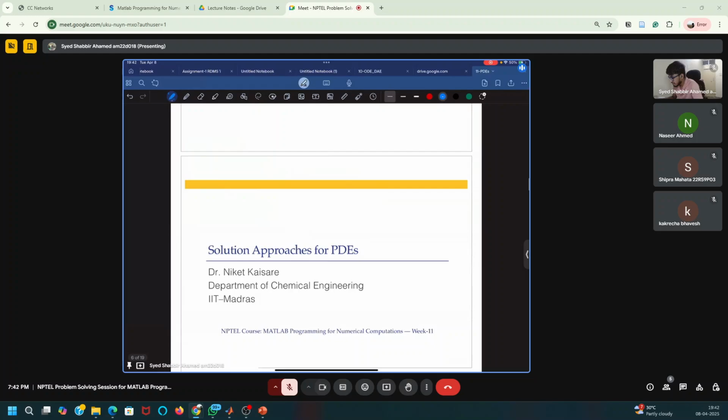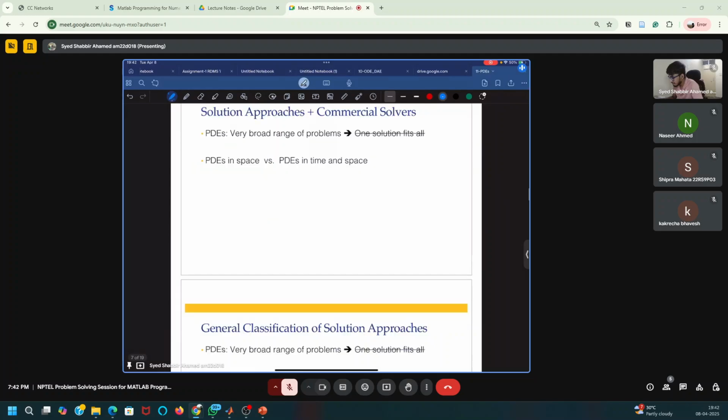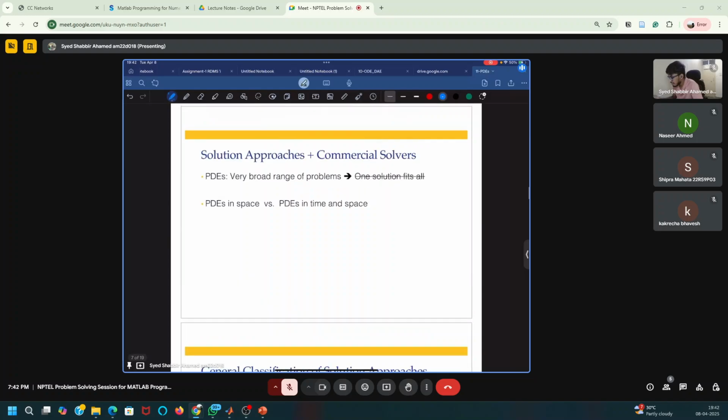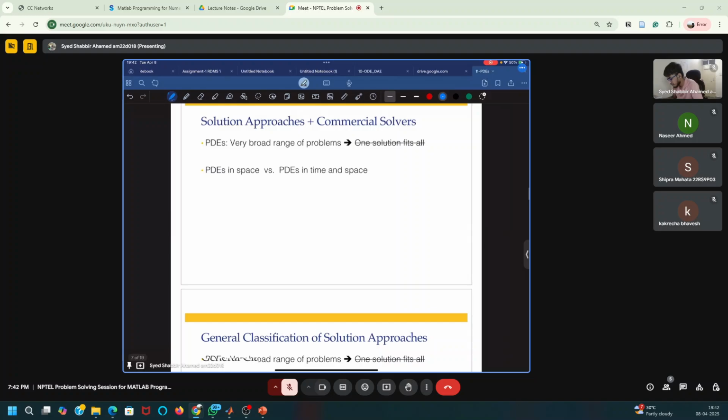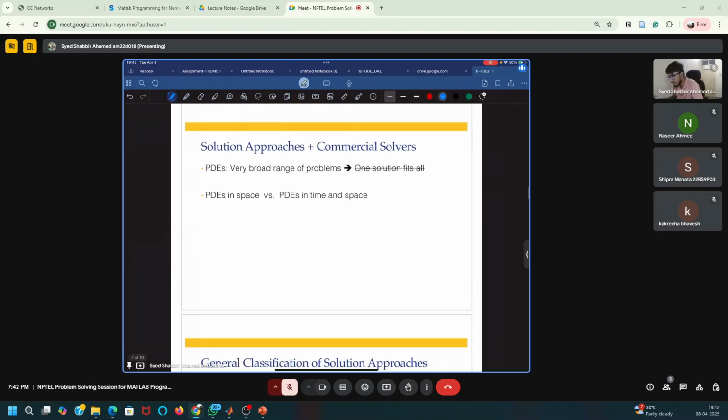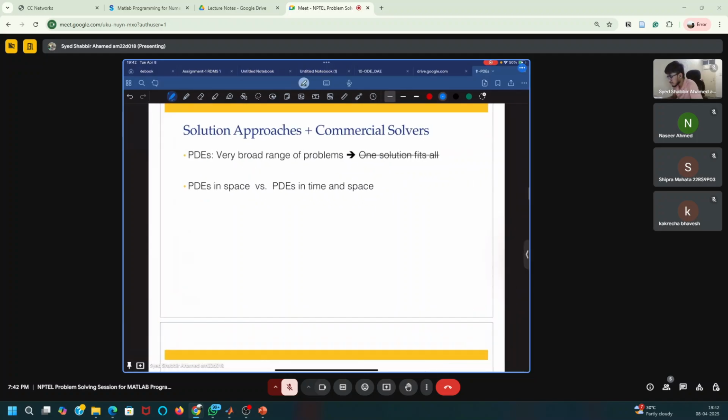Here we are doing coding using the approaches we will learn today. But these partial differential equations can also be solved using various software.